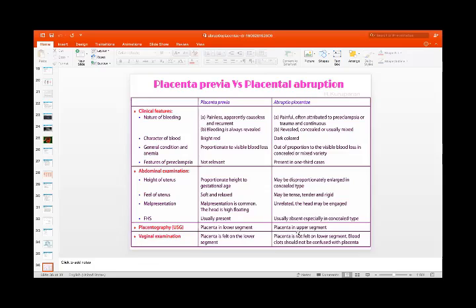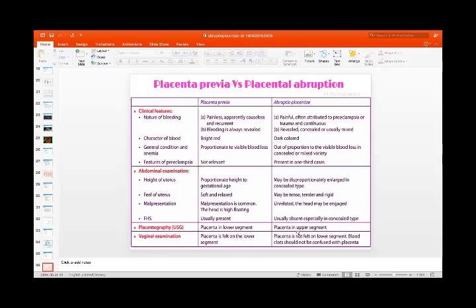While in abruption, there is painful bleeding attributed to preeclampsia or trauma, and it is continuous. There is revealed, concealed or mixed bleeding. Dark colored blood, out of proportion to the shock, and preeclampsia or hypertension is associated in these cases.